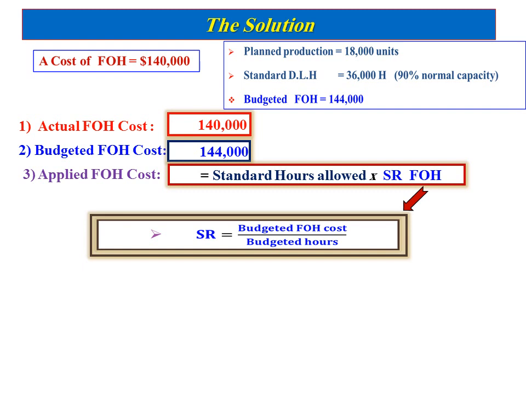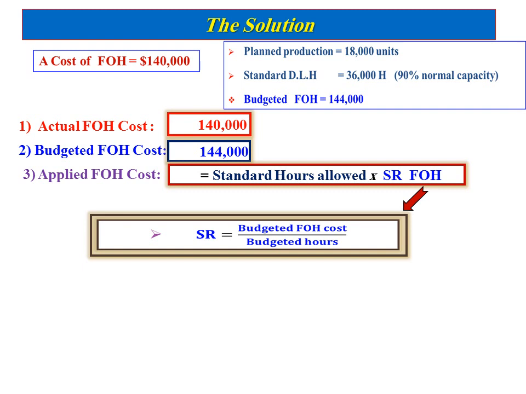But again, only for fixed, I need to calculate the budget hours for normal capacity. Only for normal capacity, not for 90%. You will say that you don't use normal capacity when you calculate the rate of variable.